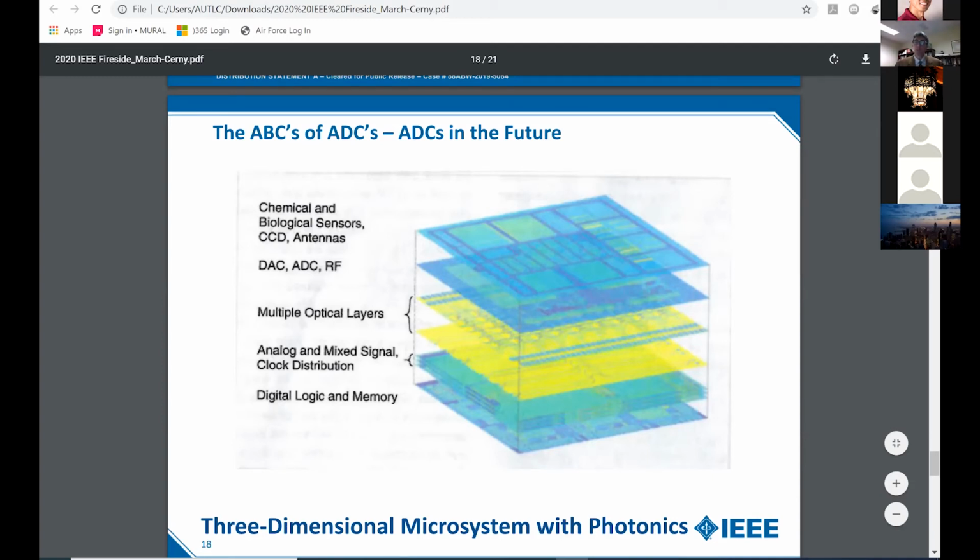And also what's important here is that powering those will probably also be enabled uniquely from either photonics or other ways in which you can harvest energy from the environment. Okay?